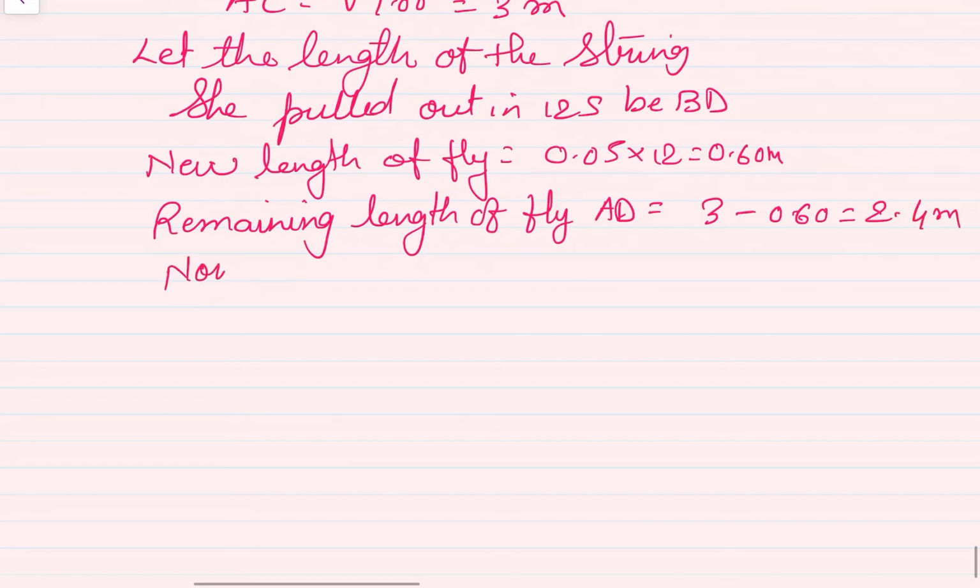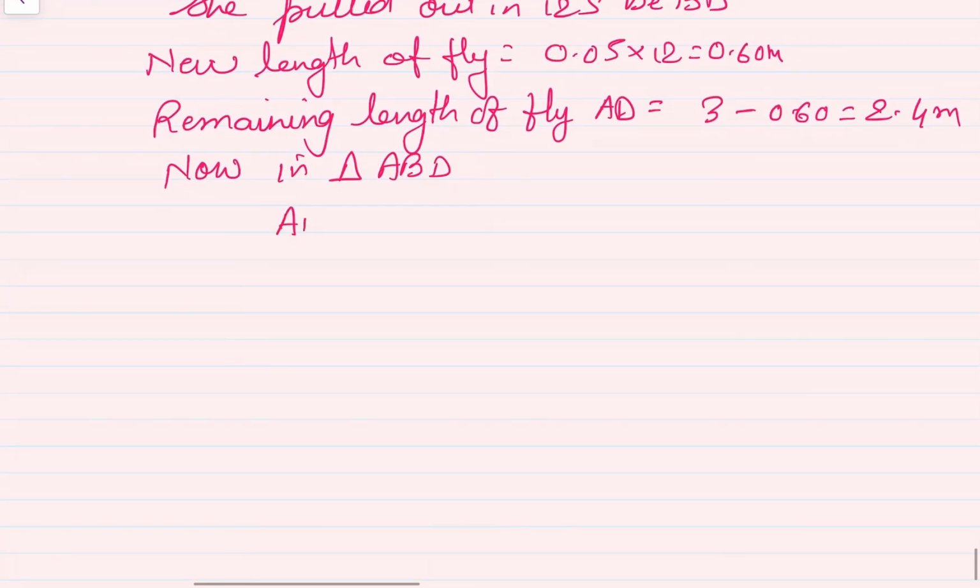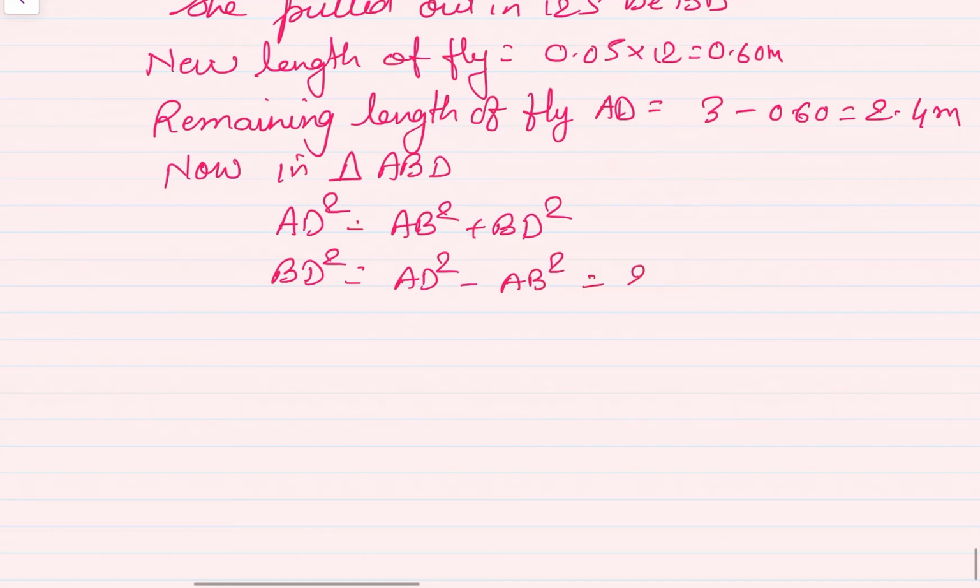So now in triangle ABD, AD square is equal to AB square plus BD square. So BD square is equal to AD square minus AB square, which is equal to 2.4 whole square minus 1.8 whole square.